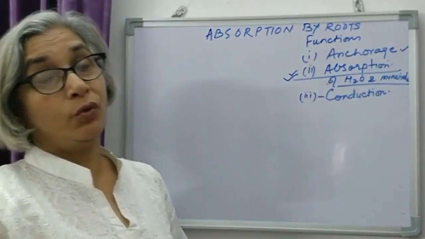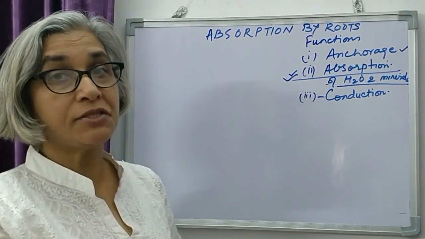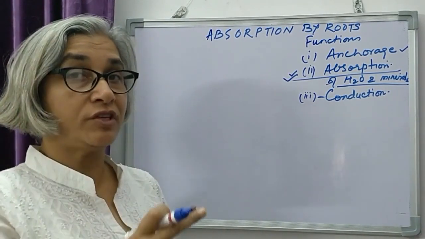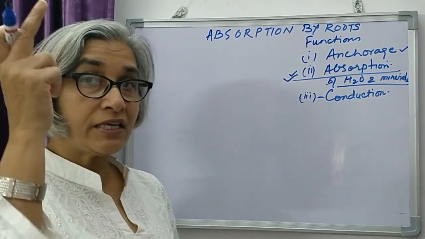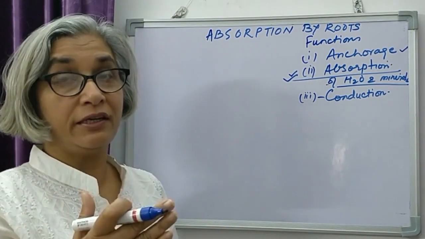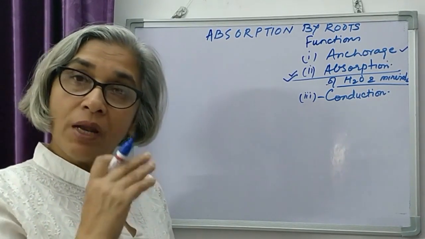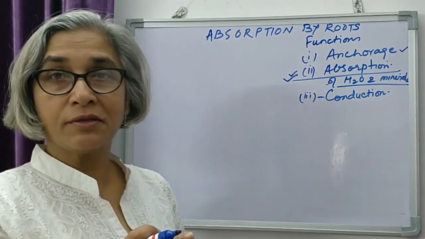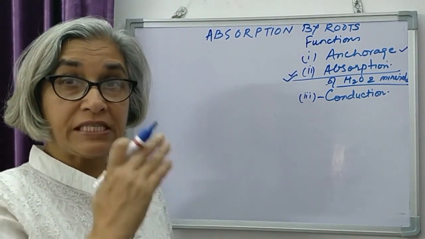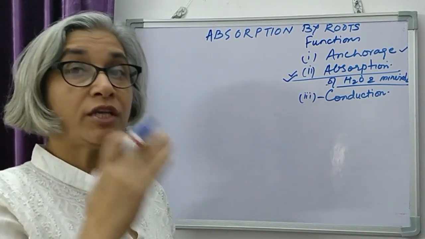Again, you all know plants are the only living organisms on this earth that can fix the radiant energy of the sun into chemical energy, which is stored in the form of food. Or we say plants are the only living organisms that are autotrophic. Auto means self. Trophic means nutrition. That is, they manufacture food.